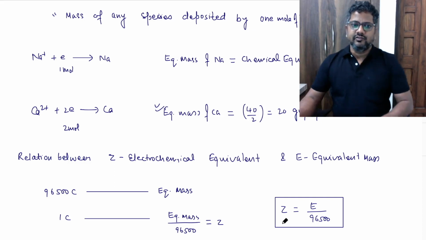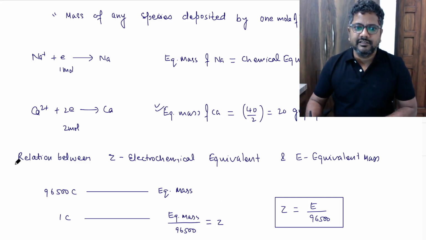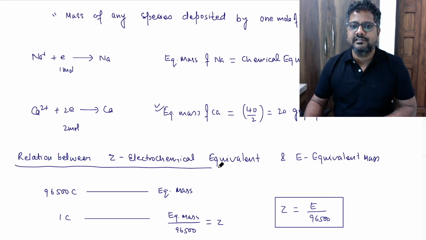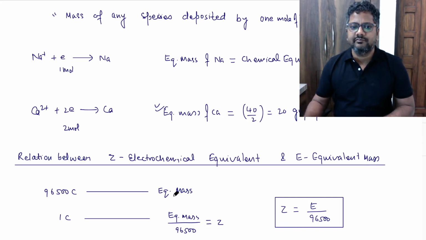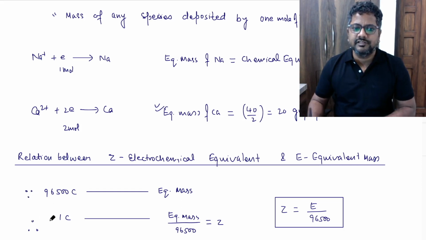This is the relation between Z and E, the equivalent mass. A very simple relation, and through the unitary method you can prove this, right.